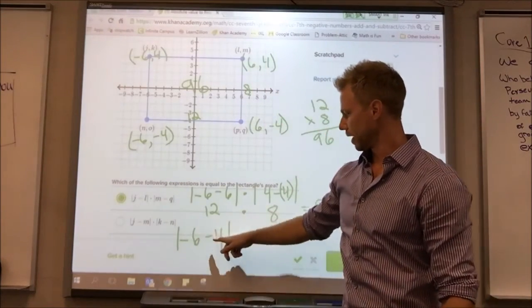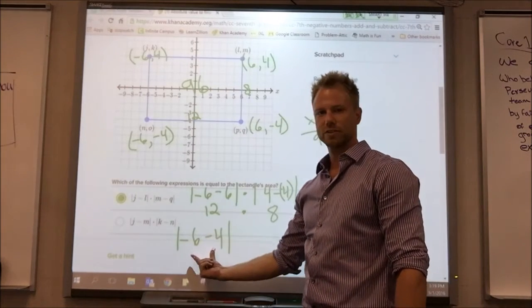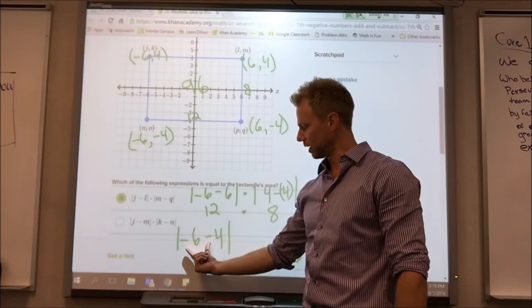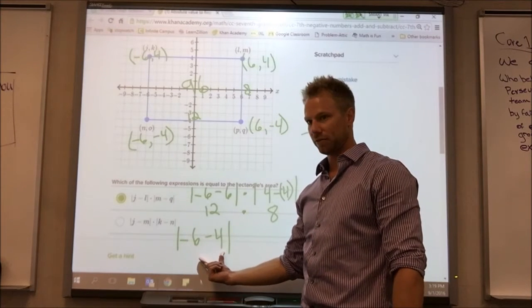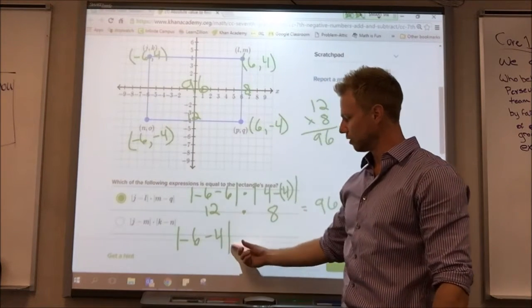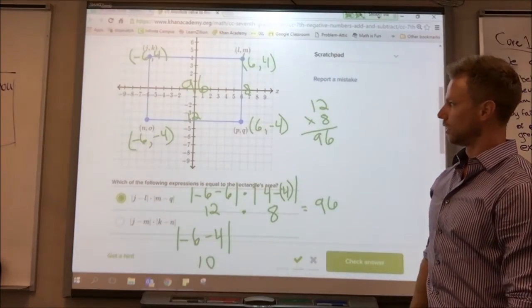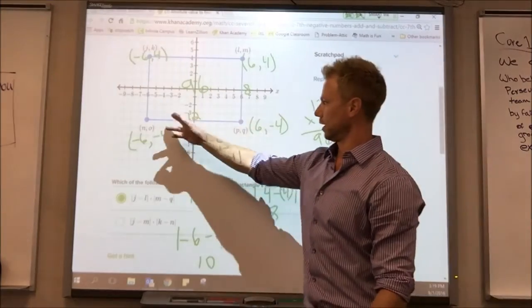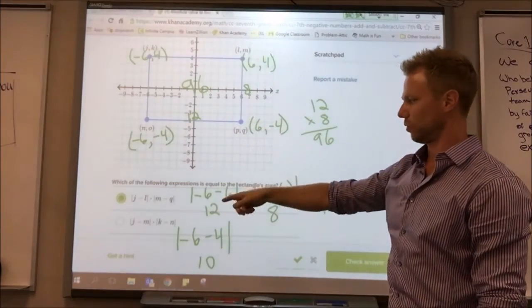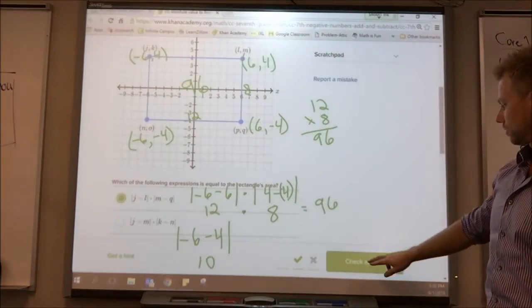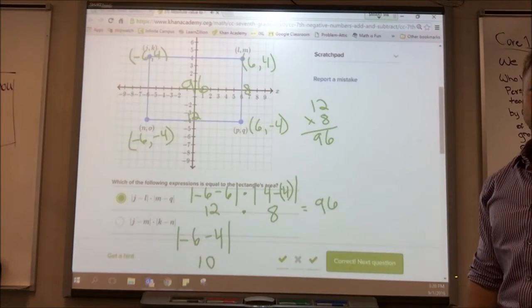So negative 6 minus 4, they're like, so we add them. 6 plus 4 is 10. Keep the original sign, which is negative, so negative 10. But the absolute value makes it positive, so it turns out to be a positive 10. But we don't have a side length of positive 10, so we know the second one doesn't work. So we are right, it's the first one, and that is correct.